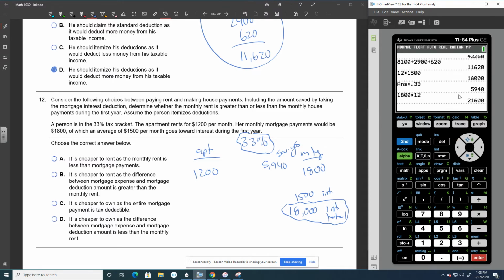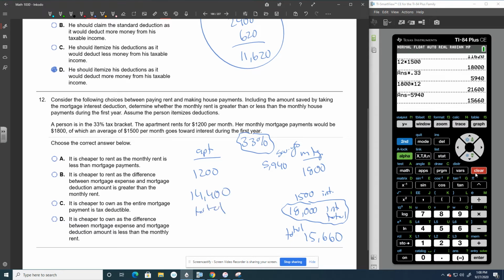This is how much I pay in mortgage, but $5,940 of that I get in tax savings. So I really am only paying a total of $15,660 that year. My rent would be 1,200 times 12, which is going to be $14,400 total.